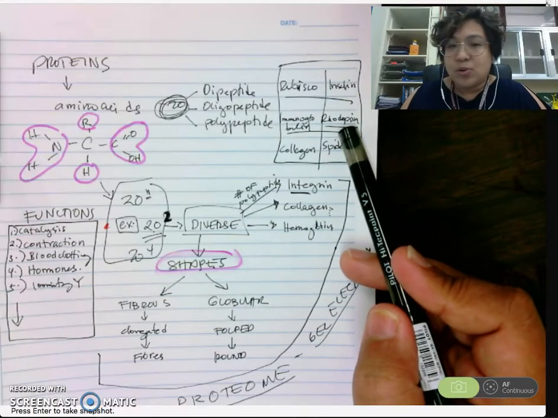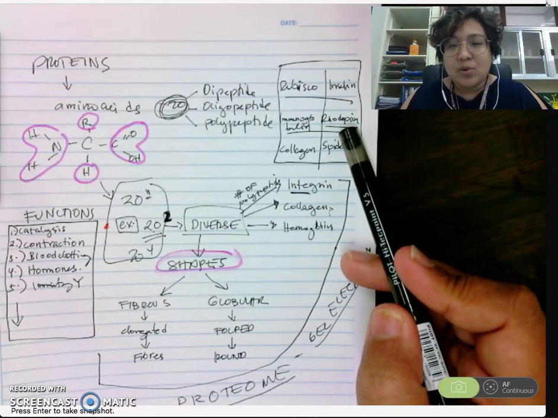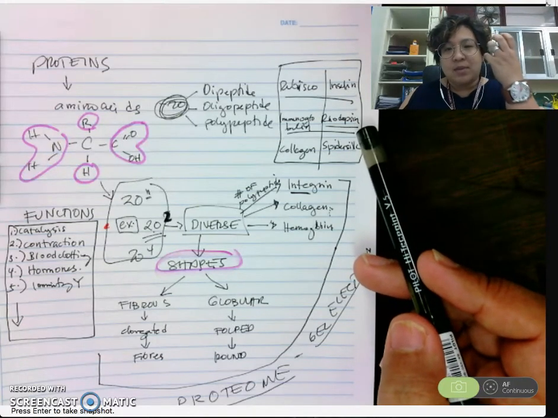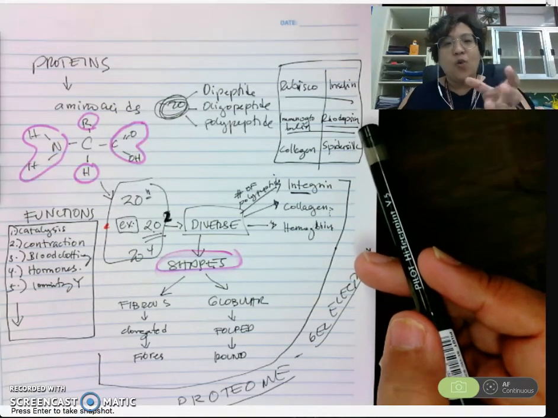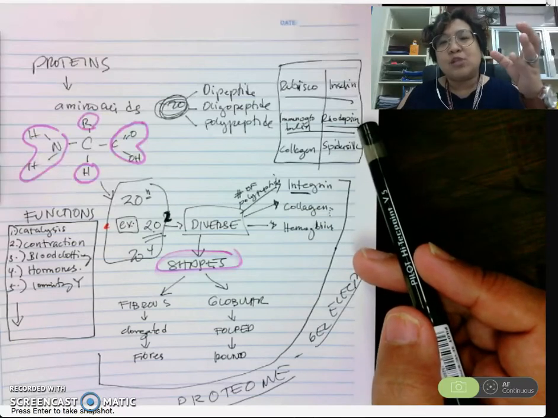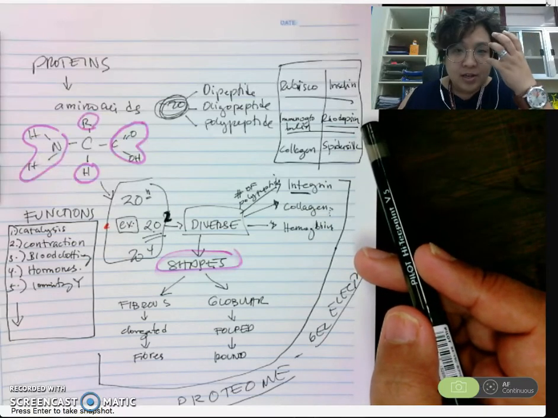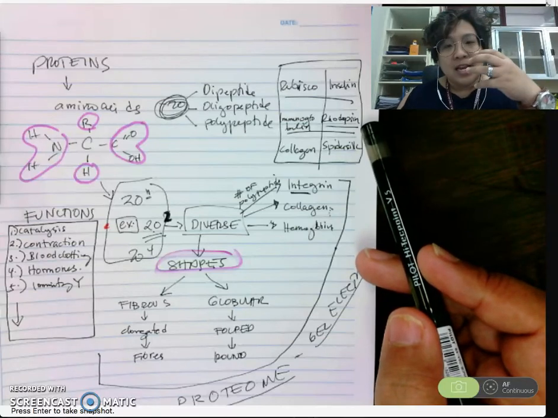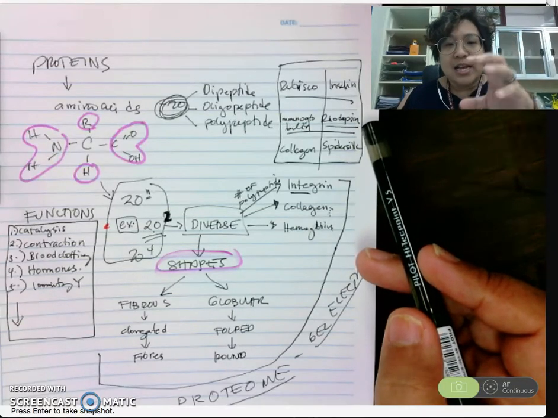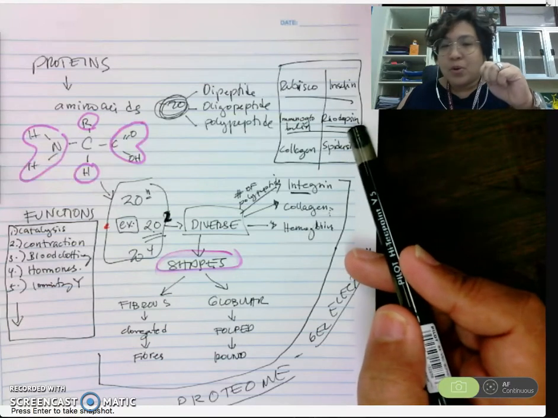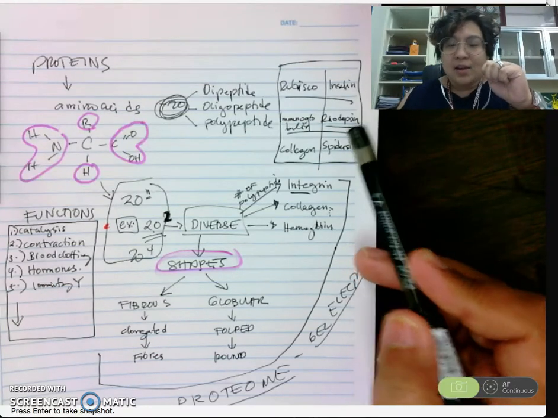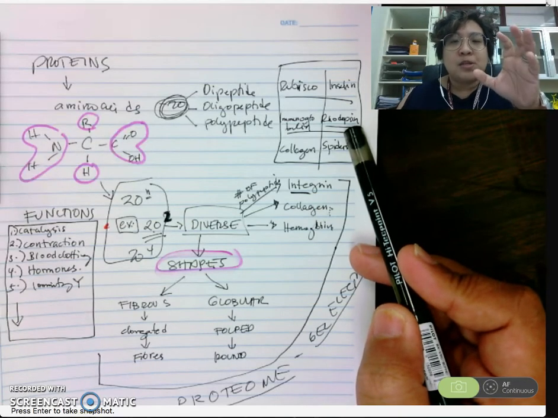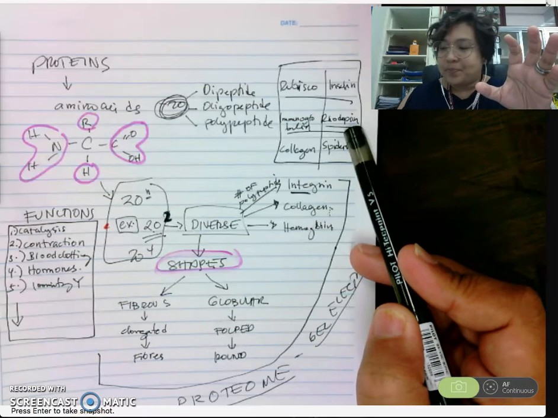The fourth one is your rhodopsin. This protein is found in the rods in your eye. You might be familiar with rod and cone cells. Those are specialized cells found in the retina that absorb different wavelengths of light. Now your rod cells contain this protein called rhodopsin, and rhodopsin is used by your rod cells to be able to absorb specific wavelengths of light.